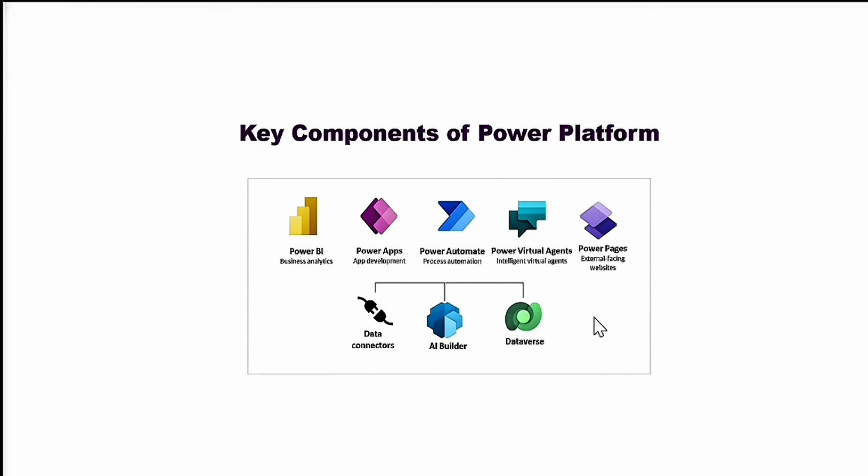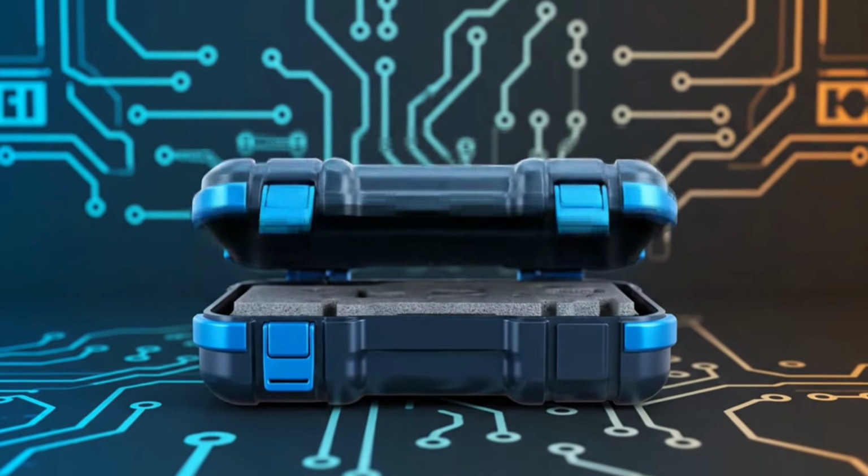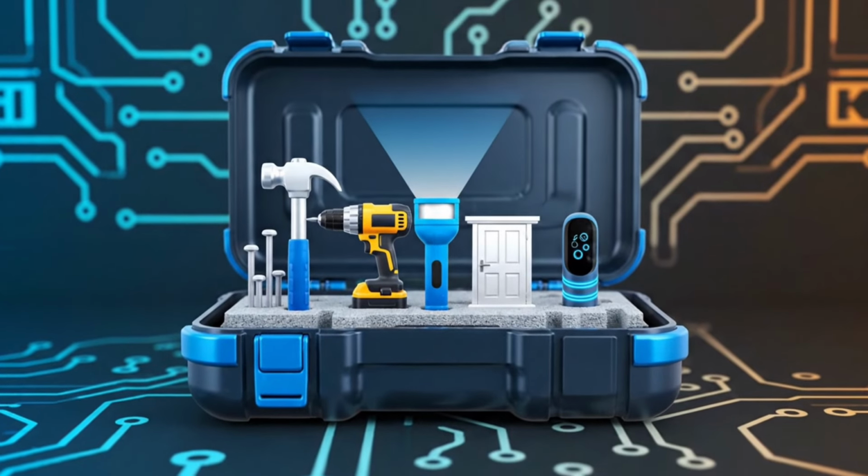Before we delve into dissecting the key components of the Power Platform, I'd like to explain these components using the digital toolbox analogy. I want you to think of the Microsoft Power Platform as a digital toolbox that Microsoft gives you. And inside this box, you would find different tools for different jobs.